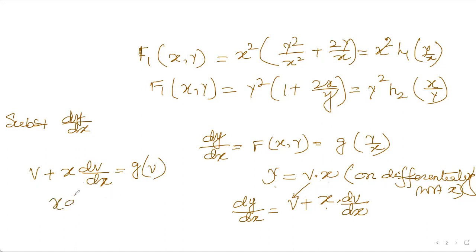So x dv by dx equal to g(v) minus v. So what I'm observing here is that this has been expressed in a new variable.